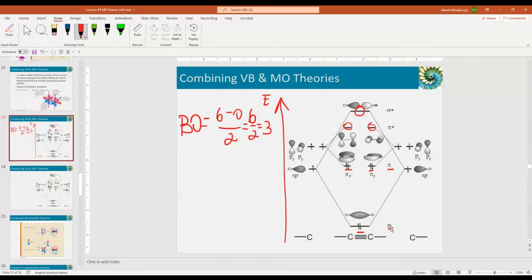Okay, if you compare the sigma bonding interactions versus the sigma antibonding interactions, which is all the way on the top here, you see now that the wave function is different between the two sp orbitals. So you have a dark part versus the white, or lighter, part here. That means those wave functions have a different sign, and therefore there is destructive interaction, not constructive interaction, and there will be a node formed in the middle here.